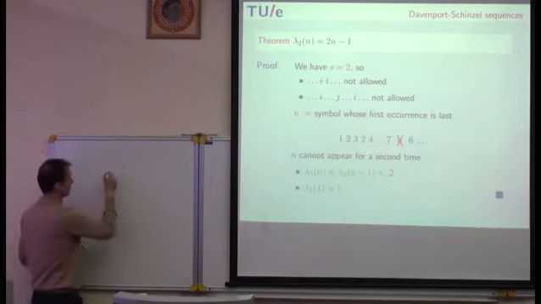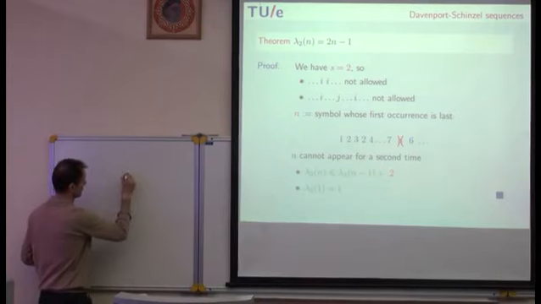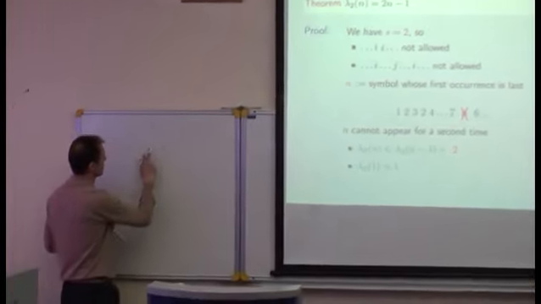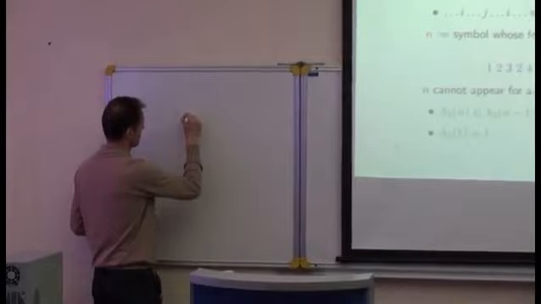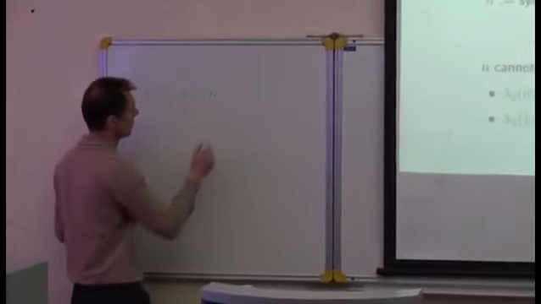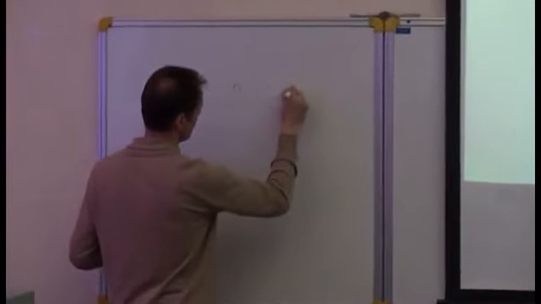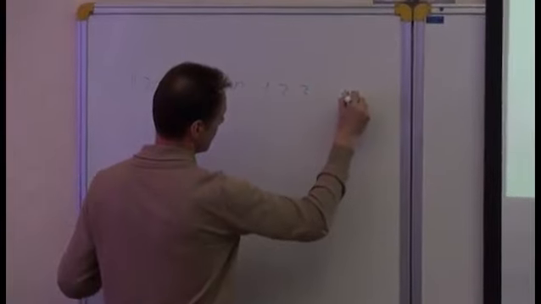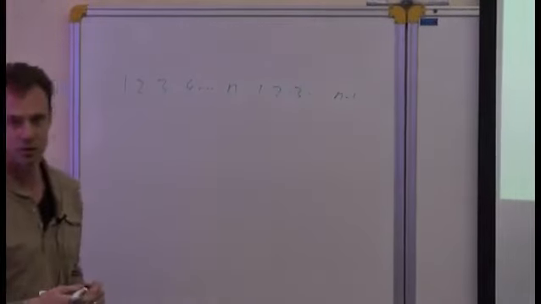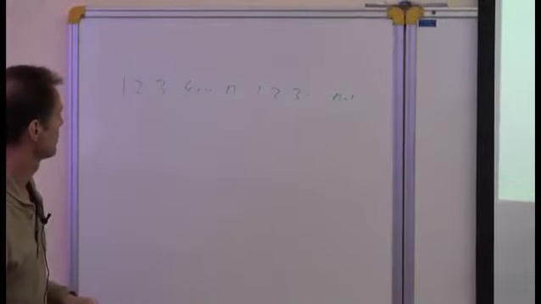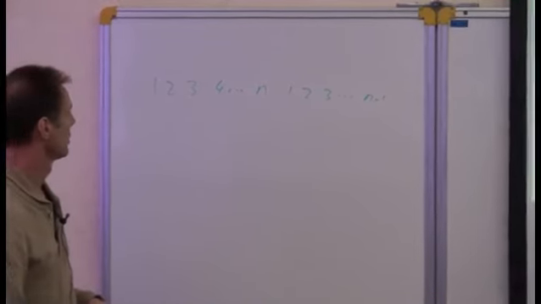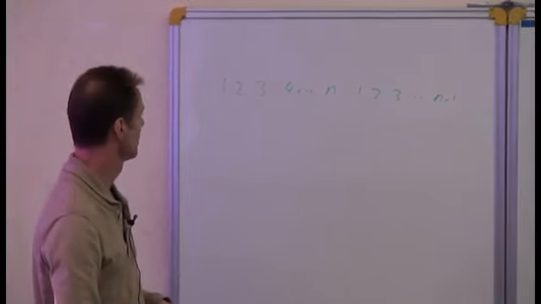Repeat it again because twice. 1, 2, 3, 4, okay, up to n, and then you're saying 1, 2, 3, up to n minus 1? Is this allowed?